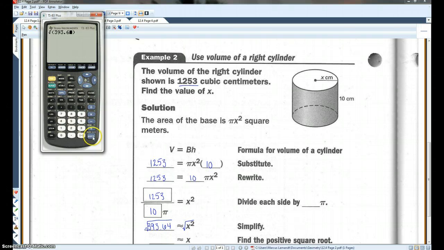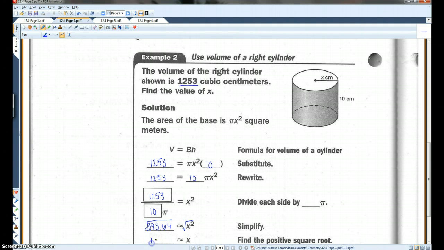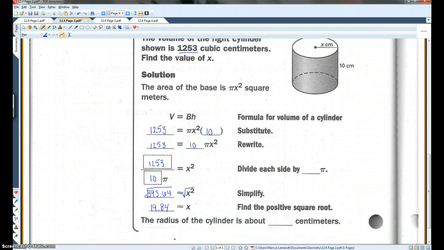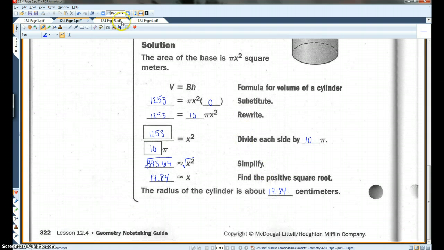There we go. 19.84. Okay. And we should probably make a note that we divided each side by 10 pi. So the radius of the cylinder is about 19.84 centimeters. Alright, let's go on to page 3.